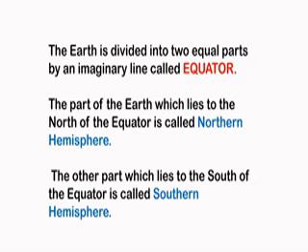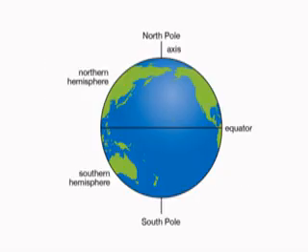The part of the earth which lies to the north of the equator is called the northern hemisphere. In the same way, the other half lies to the south of the equator and is known as the southern hemisphere. So we have two hemispheres, the northern hemisphere and the southern hemisphere.